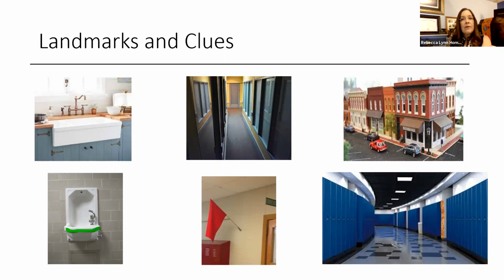Both clues and landmarks encompass all available sensory information. So we're going to use auditory, tactile, olfactory, and visual cues and clues and landmarks to help keep us oriented on our route and to confirm the landmarks or clues on our route.